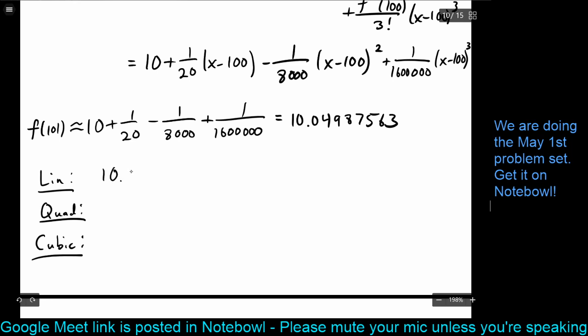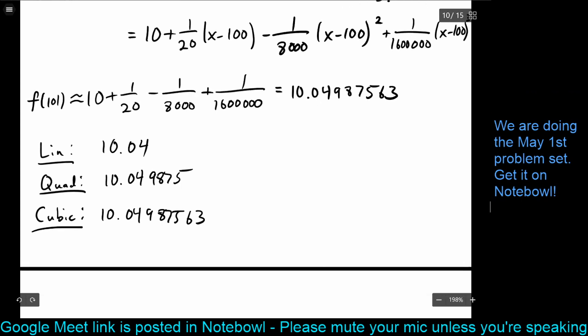So the linear approximation was 10.05, the quadratic was 10.049875, and the cubic is 10.04987563. If we do this correct to 10 decimal places, which I did in Mathematica here, this is 10.0498756211.